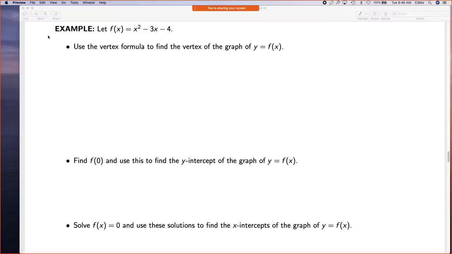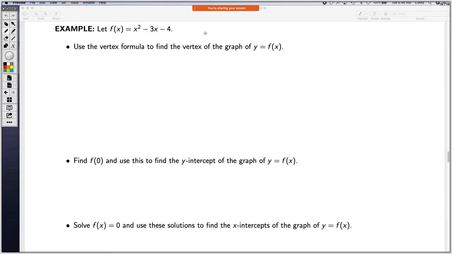Once again, this is what we call the general form of the parabola. Instead of just a perfect square, we've got an ax squared plus a bx plus a c. The vertex formula here gives us the x coordinate, negative b over 2a.